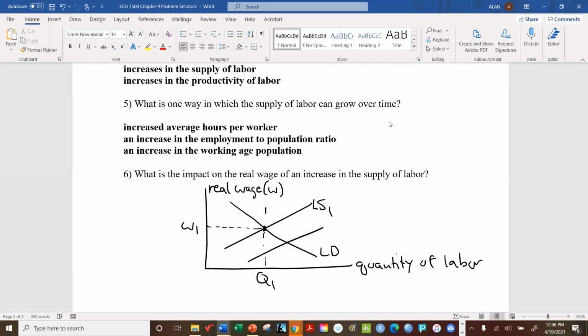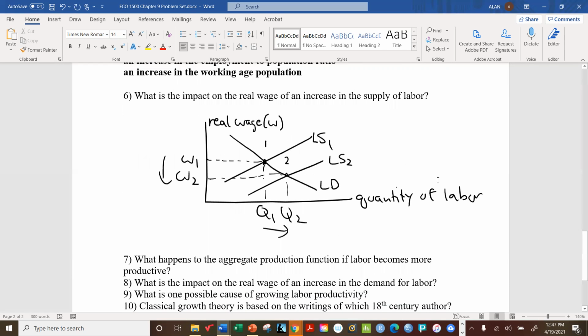So an increase in supply, as you would expect, reduces the price of labor. And so you can see from this graph that the more workers there are, the cheaper their wages will be typically. Okay, so an increase in the supply of labor.